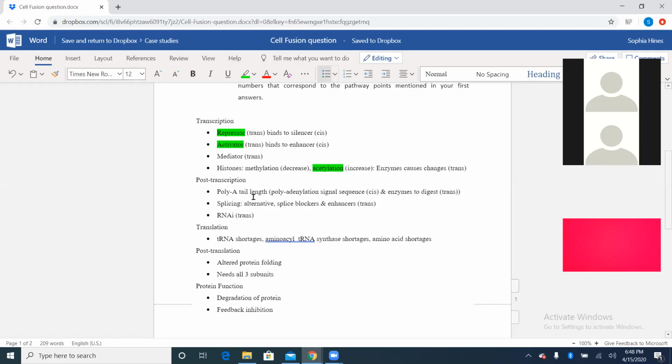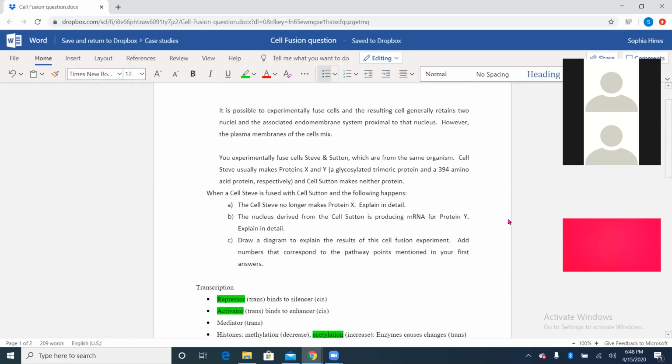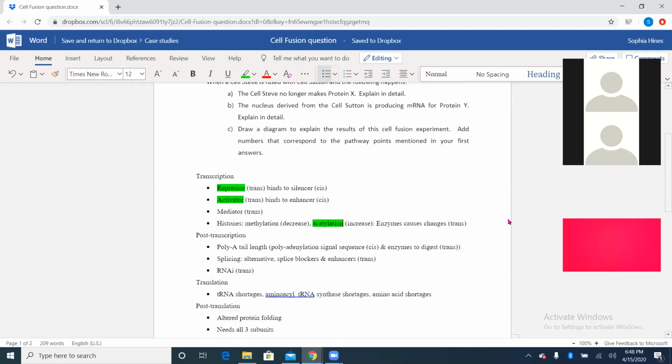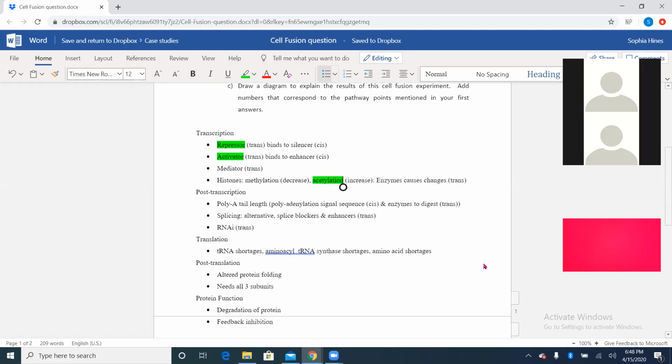And the question just says that it's producing mRNA for protein Y. It doesn't go on to say that the protein is getting made into a full protein. So we only have to talk about transcription on the first part because that's as far as the question asks you to go.